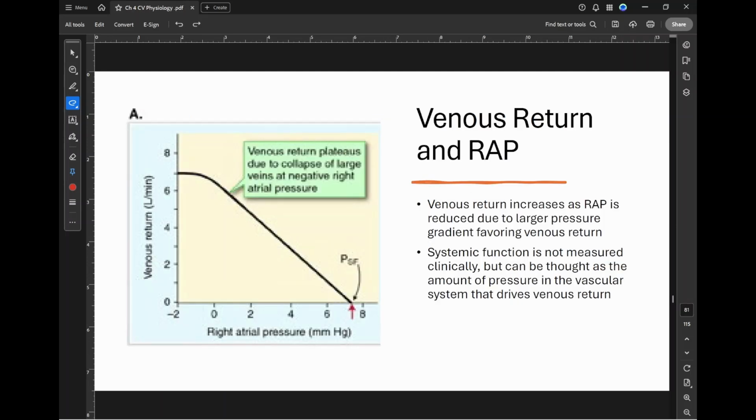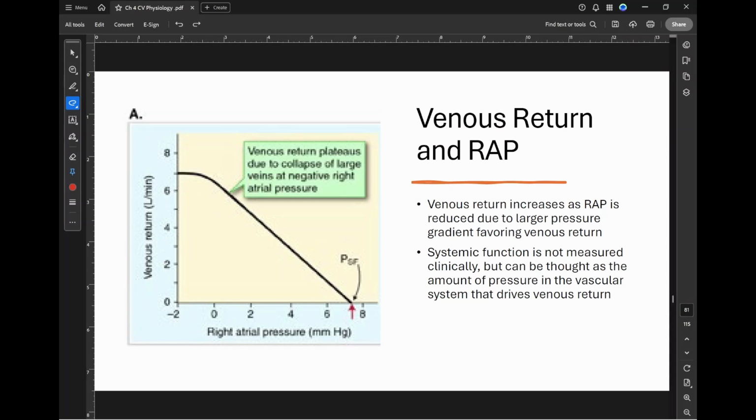So, venous return versus right atrial pressure. Here is our venous return. As our venous return goes up, we have more blood, right? That's what we're talking about. High amounts of blood, low pressure in the right atrium.